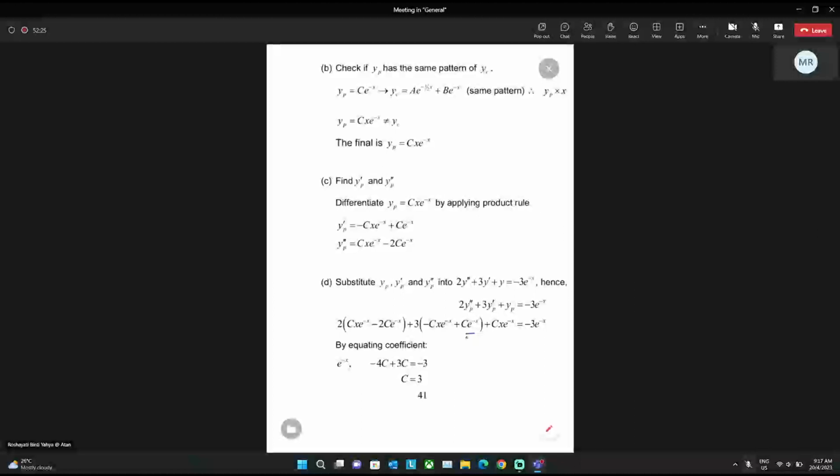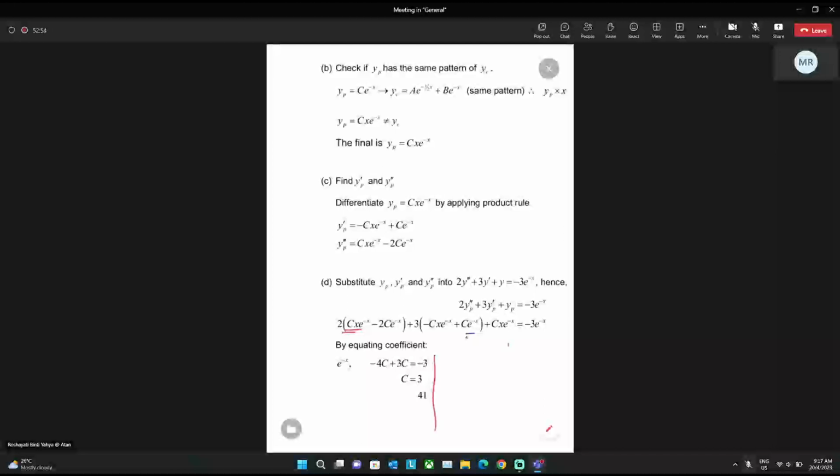So here equating coefficient, why haven't we used x exponential negative x here? Why do we not go for x?